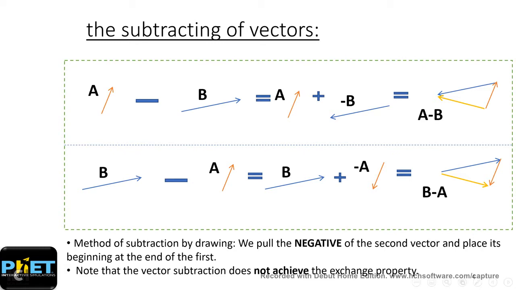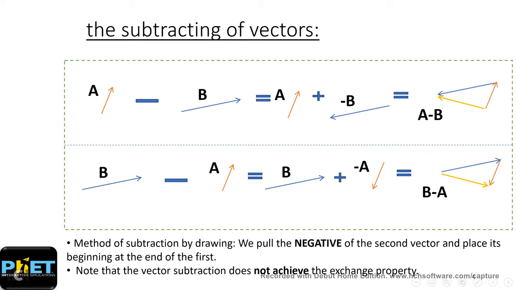Let us try now B minus A. It's easy. We can use the minus sign for A, so it will be minus A, then we have the plus sign. So B plus minus A. I will use B at first, which is the blue vector.